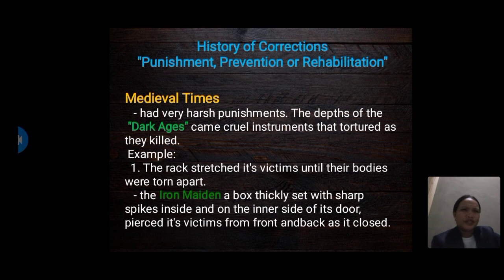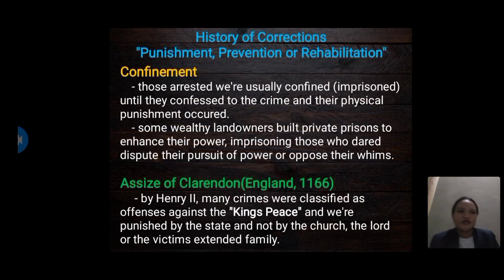So it's very hard to think that your body will be torn apart because you committed a crime in the depths of the Dark Ages. Confinement: those arrested were usually confined or imprisoned until they confessed to the crime and their physical punishment occurred.